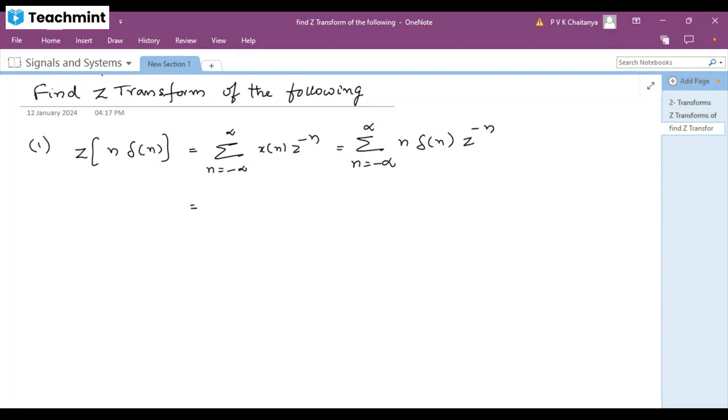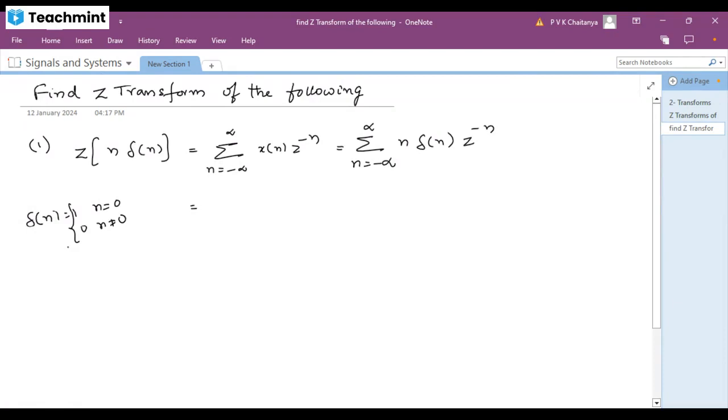We know that del of n is equal to 1 for n equal to 0, and it is equal to 0 for n not equal to 0.